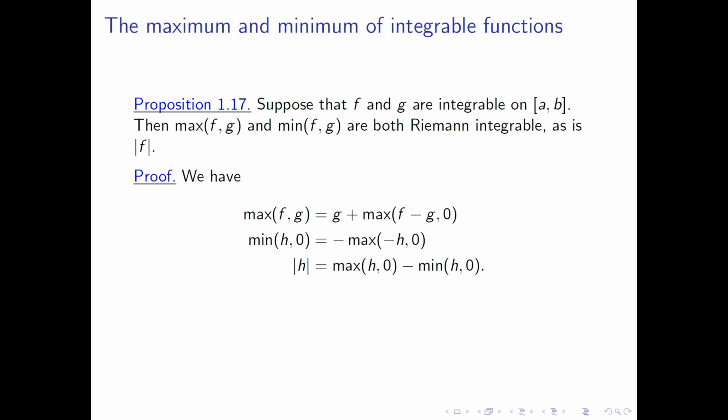Okay, so you can see that either by a case-by-case analysis, or by just saying what we're going to do is take this maximum of f and g and just subtract off g everywhere. When you subtract off g everywhere, you get the max of f minus g and 0. Now just add g back on.